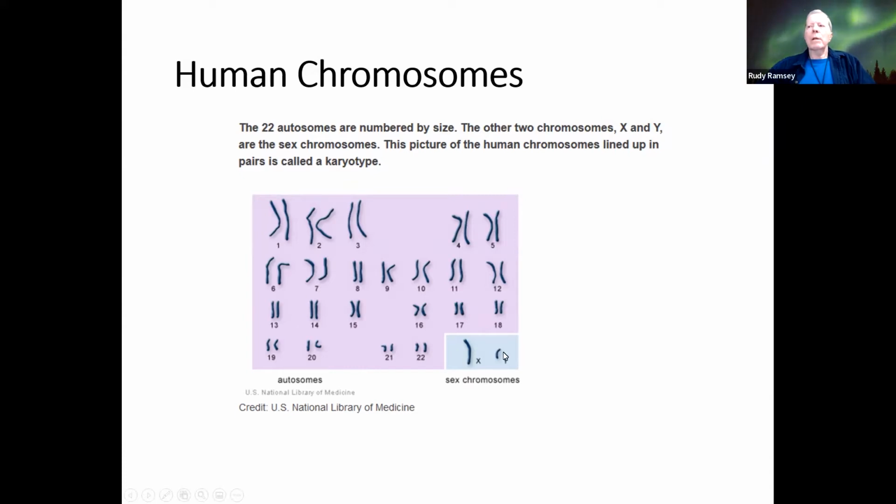The sex chromosomes are different, both from the autosomal chromosomes and from each other. And we're going to be talking about the Y chromosome. Genetically normal people have two X chromosomes if they're women, or one X and one Y if they're men. There are certainly other combinations possible. Biology is a messy business.